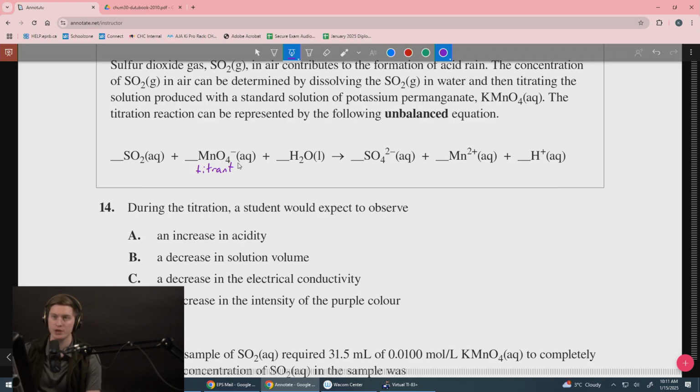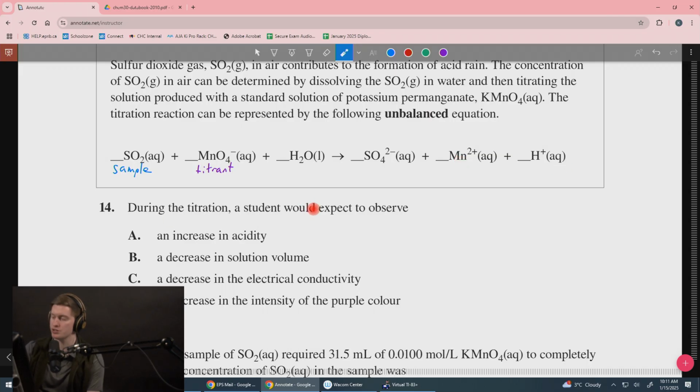But for question 14, let's just look at what we know. Here's our reactants. Here's our titrant. And this is going to be our sample solution over here. Here's our sample. Here's our titrant. On our product side over here, we end up with the sulfate anion, the manganese 2 cation, and hydrogen ions.